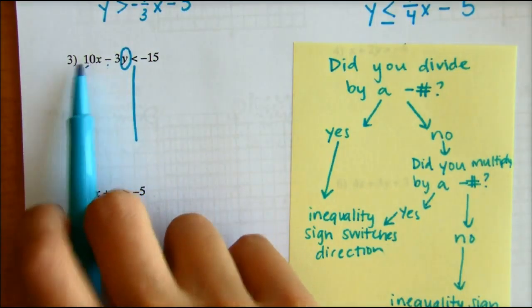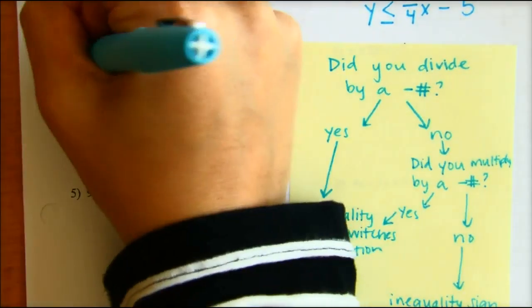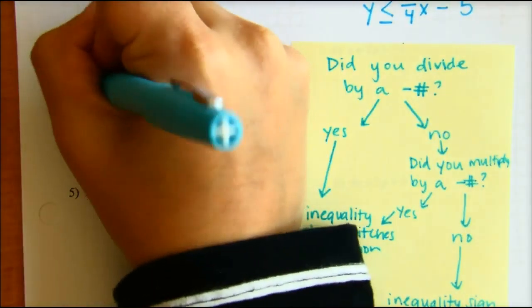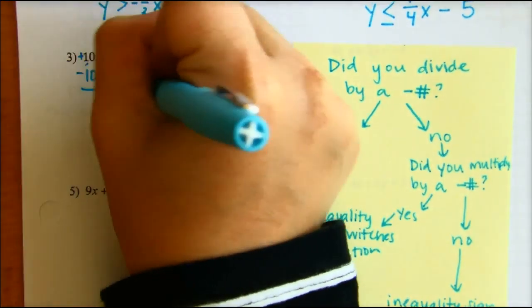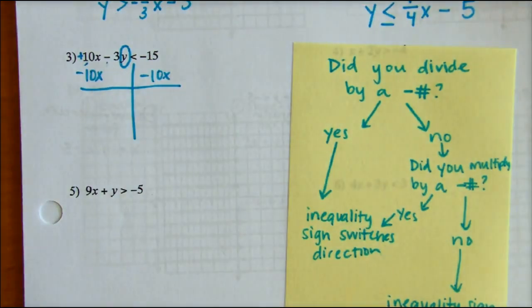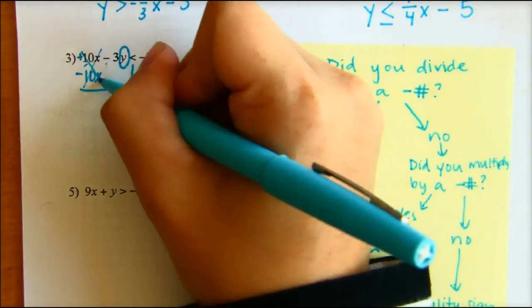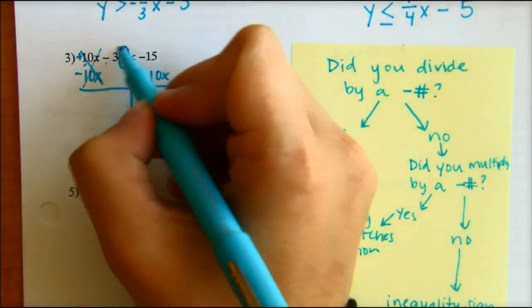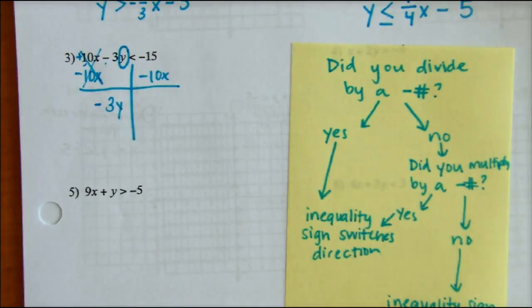On the other side, I have this 10x. So to get rid of that 10x, because it's a positive 10x, I'm going to subtract 10x from both sides. When I do that, 10x minus 10x is 0x, so it's going to cancel out. And I'm going to bring down that whole 3y and the negative that's out in front.